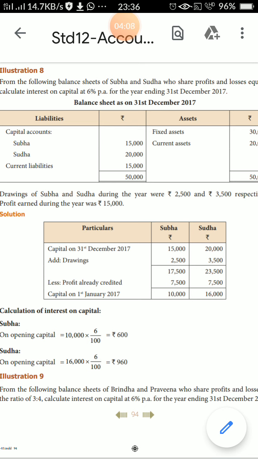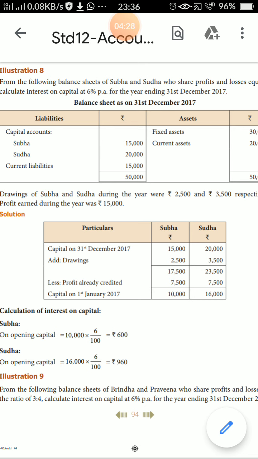Profit earned during the year was 15,000. One point is very important: Subha and Sudha share profit and loss equally.